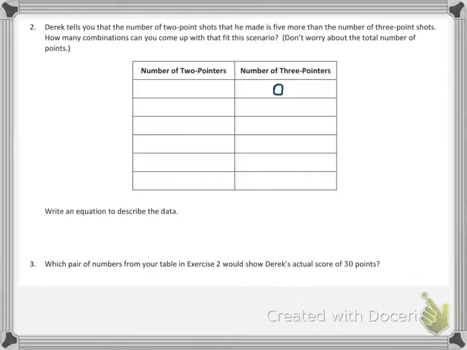That would mean the number of 2-pointers would have to be equal to 5. And I could just continue this. 1, 6, 2, 7. 7's greater than 5 greater than 2. 8 is 5 greater than 3. 9 is 5 greater than 4. And 10 would be 5 greater than 5.